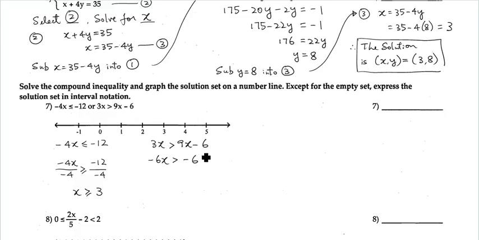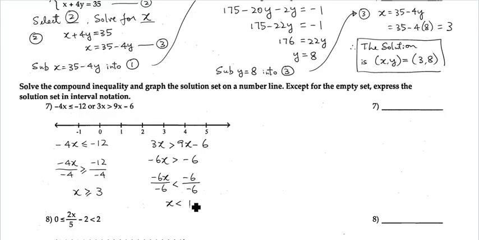And then we divide both sides by negative 6. So again, I have to write it over again and divide both sides by negative 6, and then flip the inequality sign immediately. So what would that become? X will be less than 1.